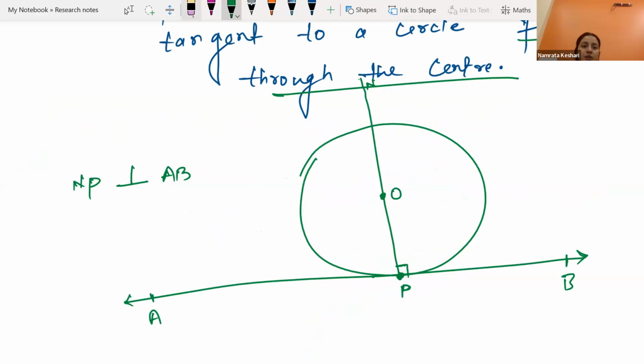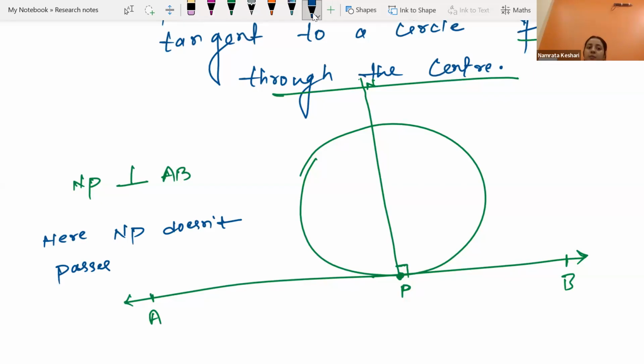So NP is a perpendicular on this tangent AB, but suppose NP doesn't pass through the center. We are assuming that it is a perpendicular which we have dropped, but it doesn't pass through the center. A contradiction we are taking.